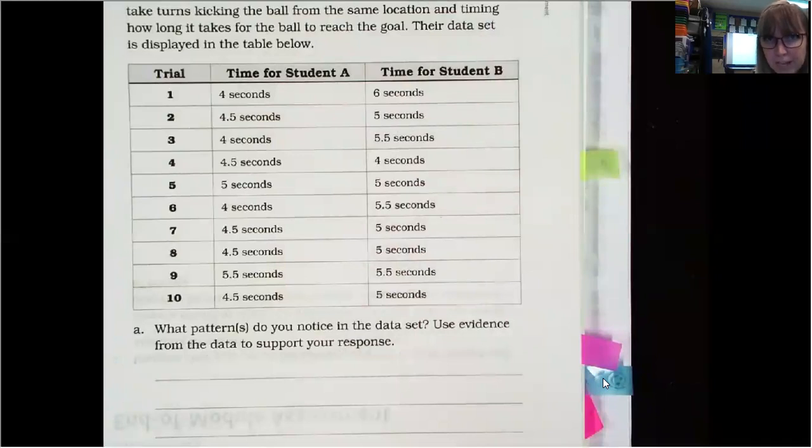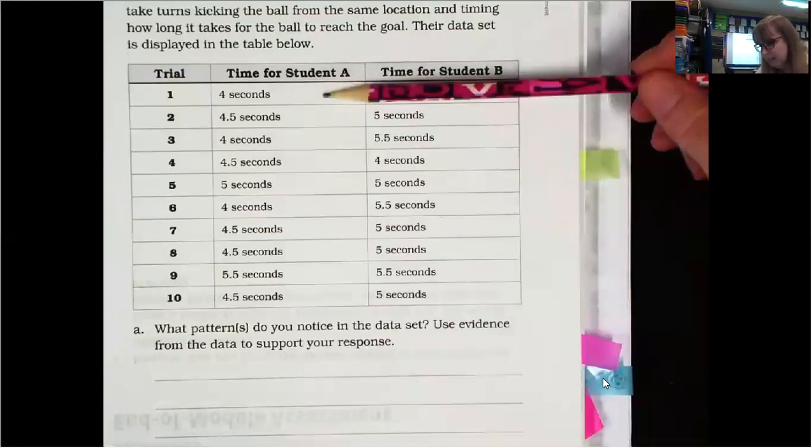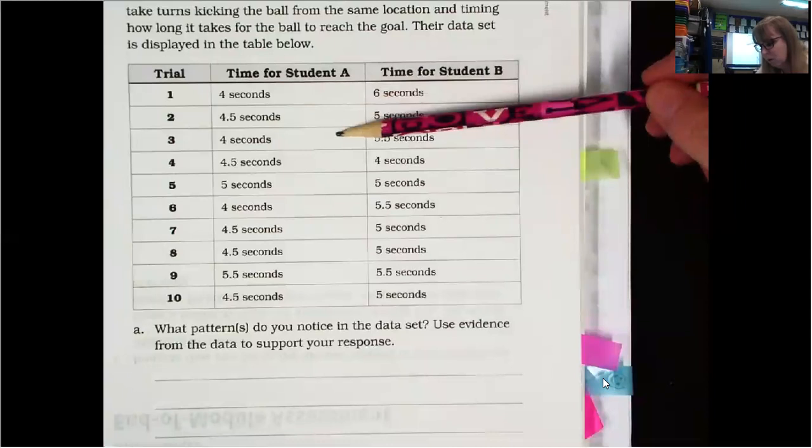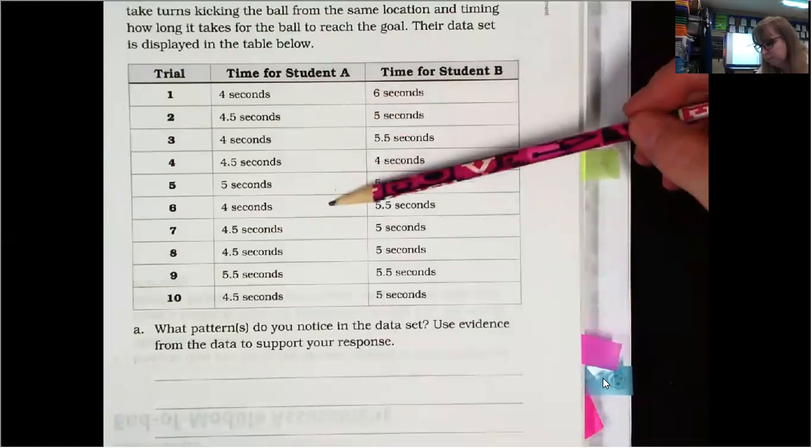Because if a ball is moving faster, it has more energy than if it's moving slower. So if this ball is making it to the net in less time, it's moving with more energy.